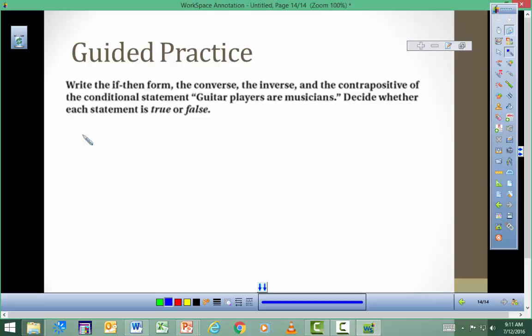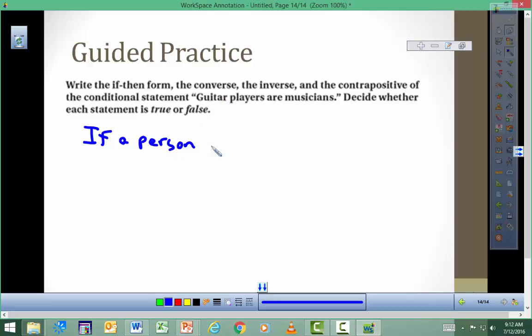Okay, so let's write if. Okay, so how should we write this? If a person is a guitar player, that's how I think we should write it, then they are a musician. Now notice I have to add in some words just to make some sense here.